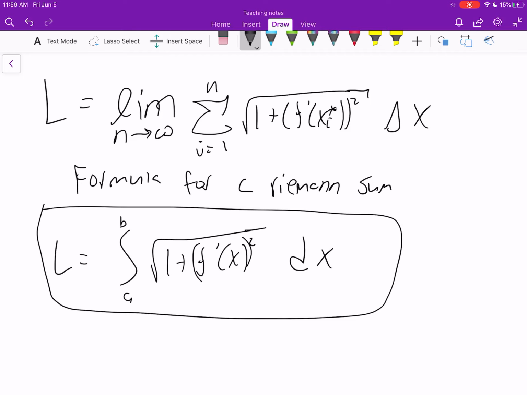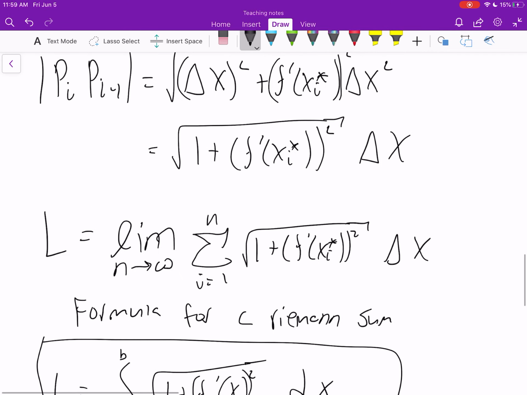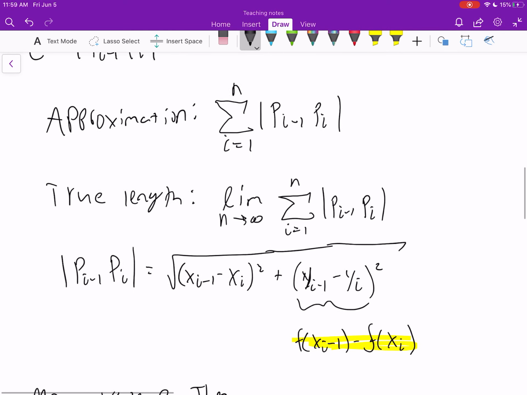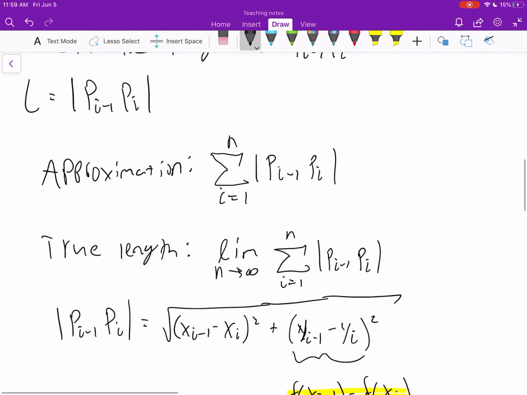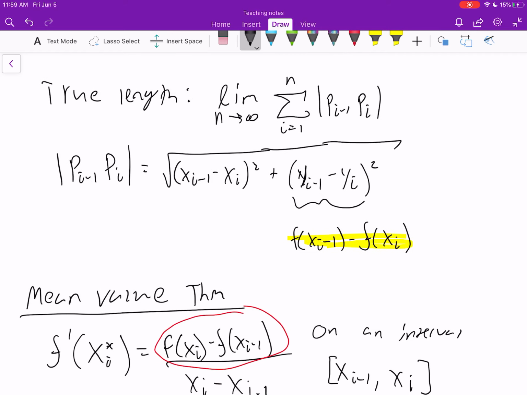So what I did there, and again, it's kind of a derivation, it's not anything rigorous. But what I've done is, I wrote down an expression for an approximation for the length of this curve. And then I said, okay, the true length is given by this limit. And then I said, okay, how can I turn this into something that I can actually evaluate the limit on?